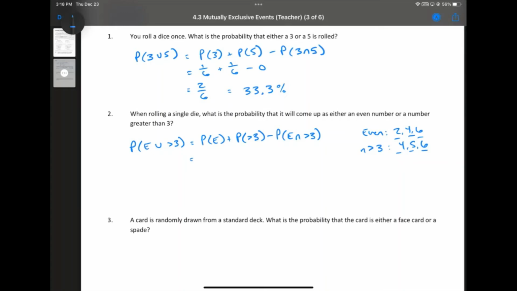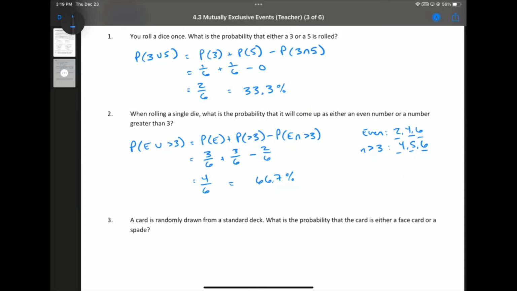However, number of even, there are 3 numbers that are even out of 6. Probability of a number greater than 3 is also 3 out of 6. And then the probability of being even and greater than 3, that's a 4 or a 6, so 2 out of 6. And yeah, 3 plus 3 minus 2 is 4 out of 6, or 66.7%.